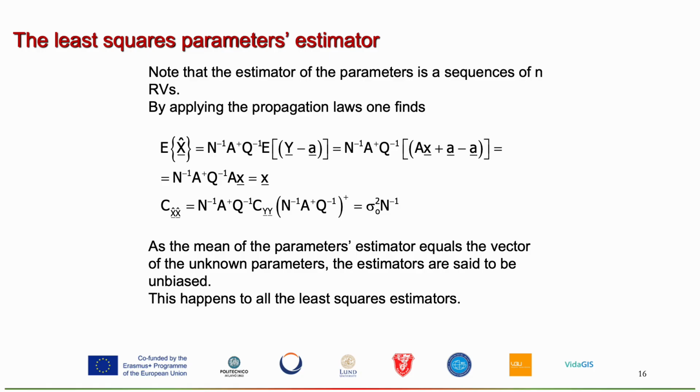It is quite interesting to note that because the mean of the parameter estimations is completely equal to the vector of the theoretical parameters, we can say that this estimator is unbiased, and this holds for all the estimates.